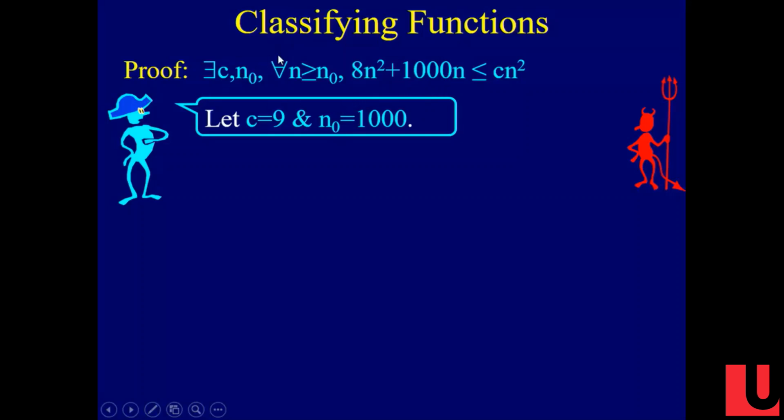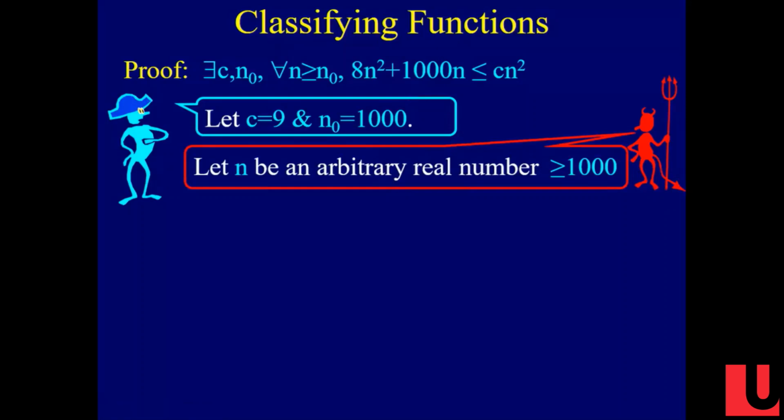I could have made it 8.001, but I rounded up to the next integer. So I made C 9. And now I have to fudge what n has to be, and you can see it's because we have to deal with that. So now we can make n any number bigger than 1,000. You see how we're playing the game?